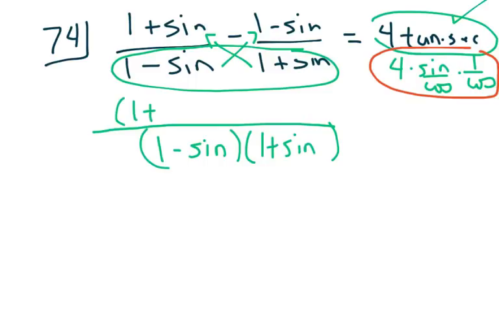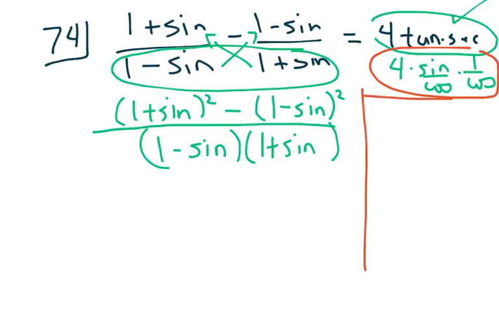And we get 1 plus sine squared minus 1 minus sine squared. And you're going to use your formula, put it over here, of a plus or minus b squared equals a squared plus or minus 2ab plus b squared. Alright.